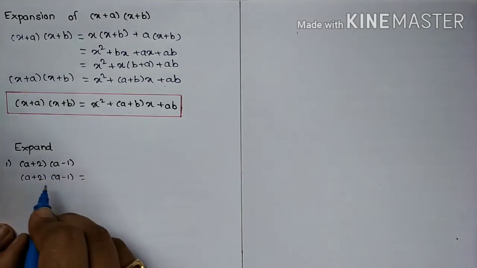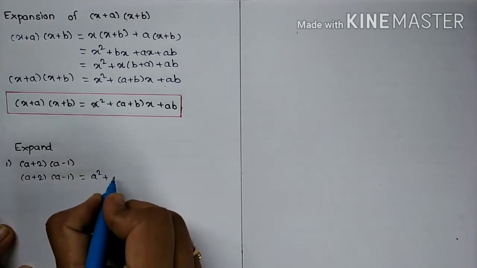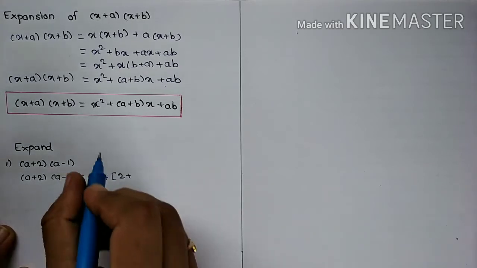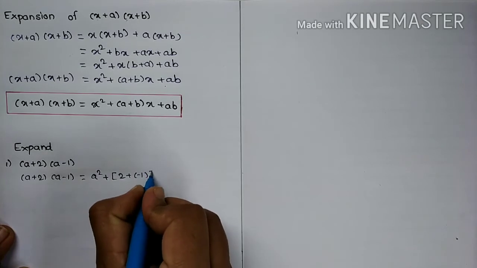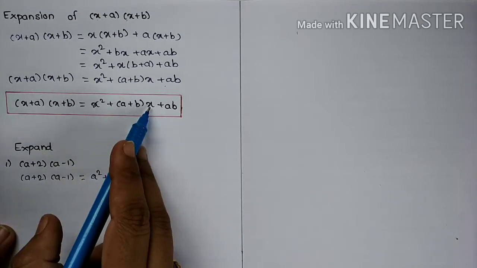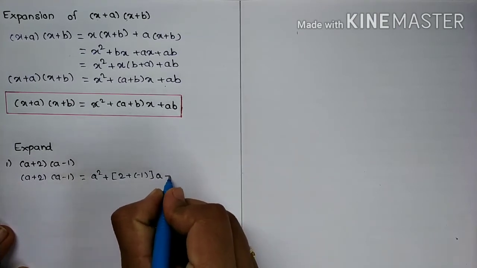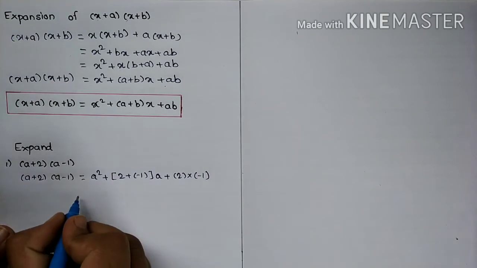So x square means a square, plus a is 2, plus b means minus 1, into x, and x is a, plus ab, a is 2 and b is minus 1.